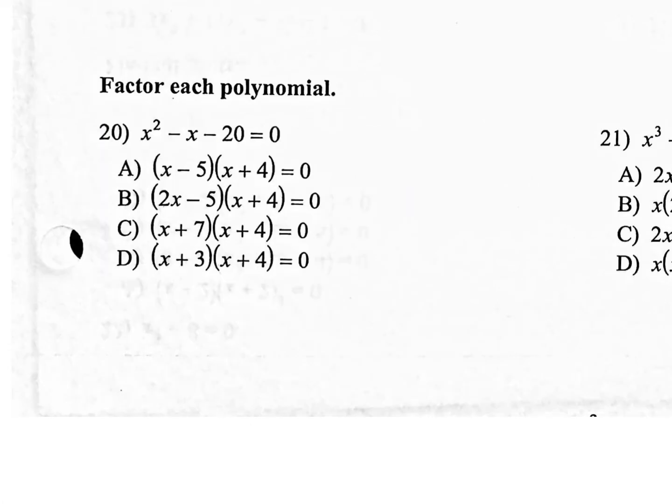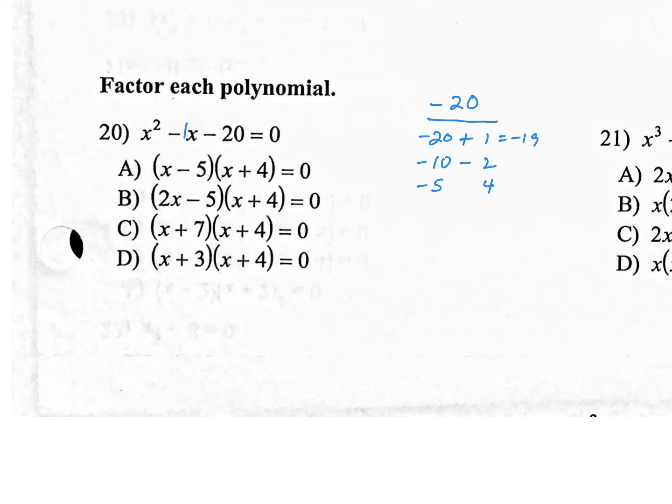We're going to factor x squared minus x minus 20. You need to find the factors of negative 20 that add up to give you negative 1, the middle coefficient. And we notice we have negative 20 and 1, negative 10 and 2, negative 5 and 4. If I do negative 20 plus 1, that gets negative 19.